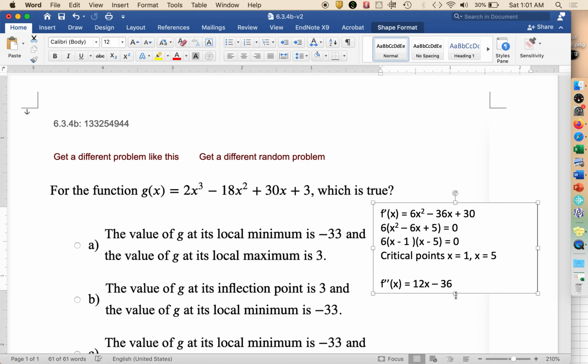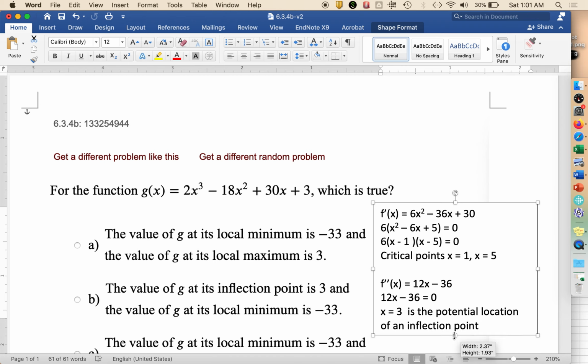So the location of an inflection point might be where 12x minus 36 equals 0. And if we solve that, we get x equals 3. So that is the only location of an inflection point. It's the only potential location of an inflection point.